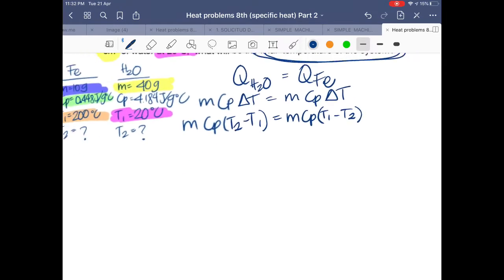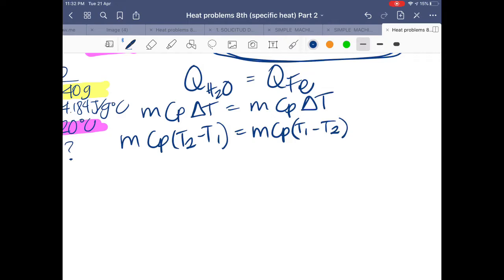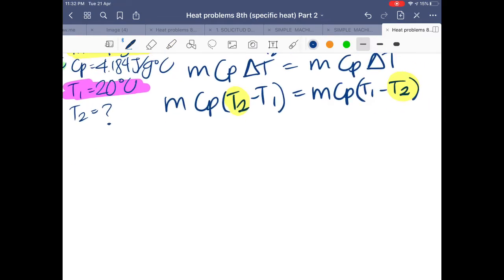You need to think about the obvious, okay? Now you are searching for temperature 2. So in this case, we can't clear the formula like we've been doing in the other types of problems. So we will first start with the substitution into this formula. Let's start with the one of the water, which is this one.